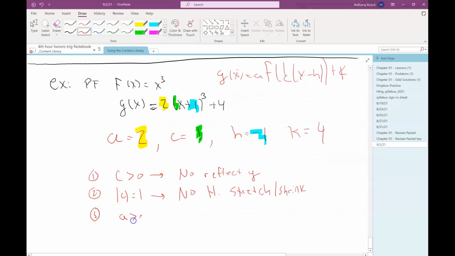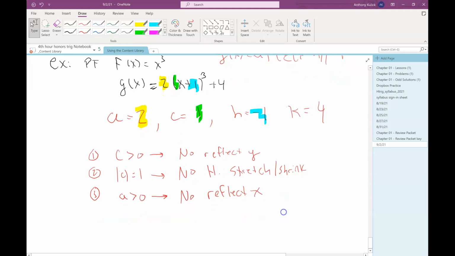Since a is greater than 0, we have no reflection on the x-axis. And since the absolute value of a is bigger than 1, we do have a vertical stretch by a factor of 2.